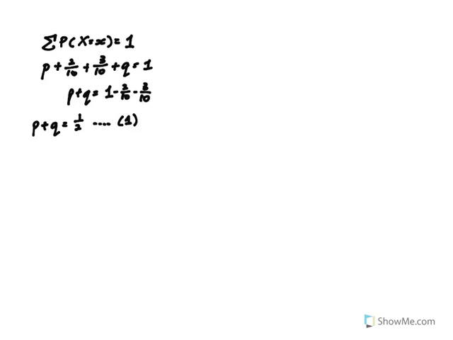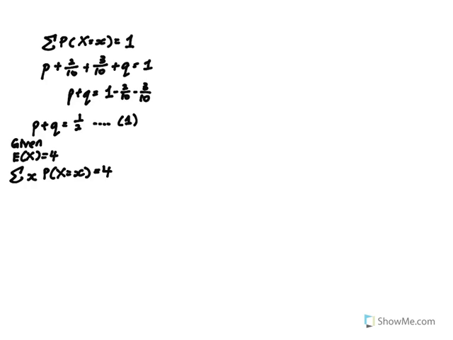We also know that the expectation of x is given as 4. Because this is given, we also know that the formula of expectation of x, the summation of x times the probability of x, is equal to 4.